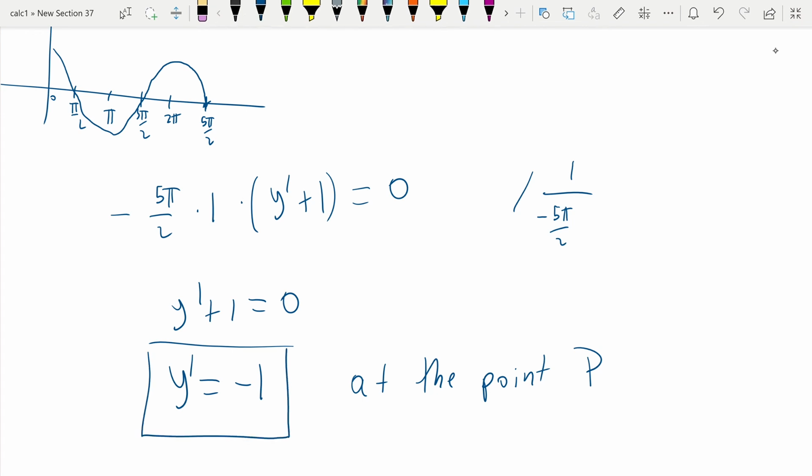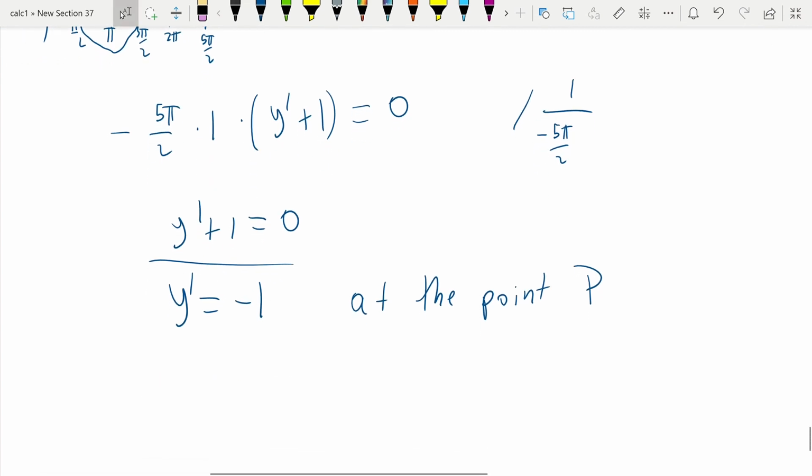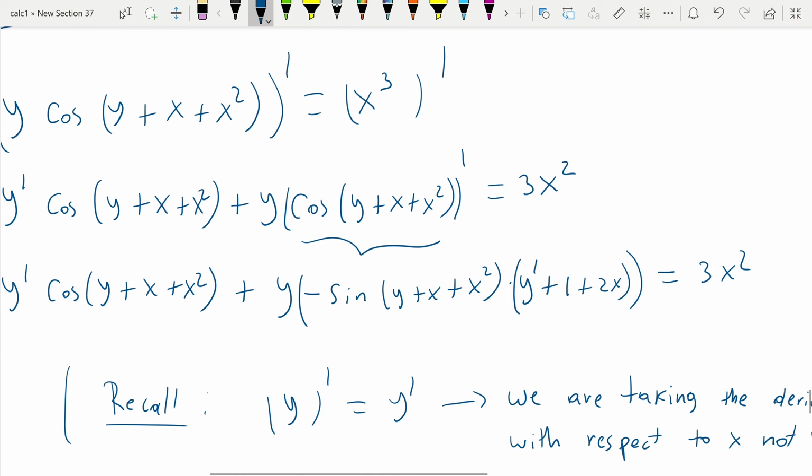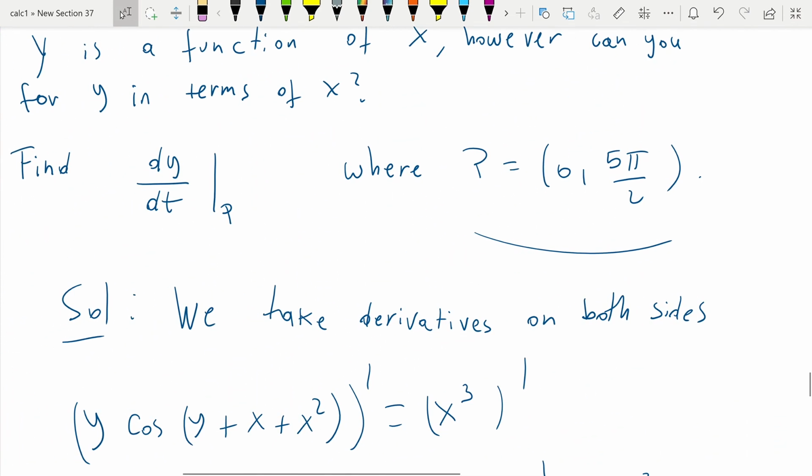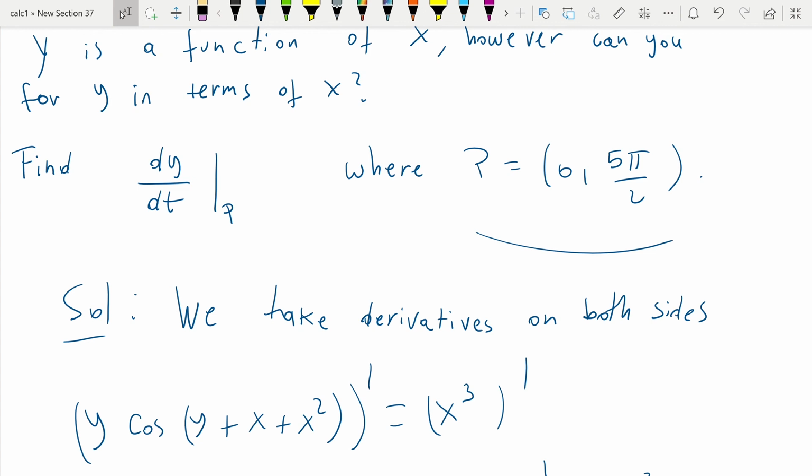And here, we didn't do something that you need to do whenever you're working on this kind of problem. You're given a point. The first thing to do is to check that the point actually belongs to the curve, that the point satisfies this relation. Otherwise, you're computing something that doesn't make sense, because the point doesn't belong to the graph.